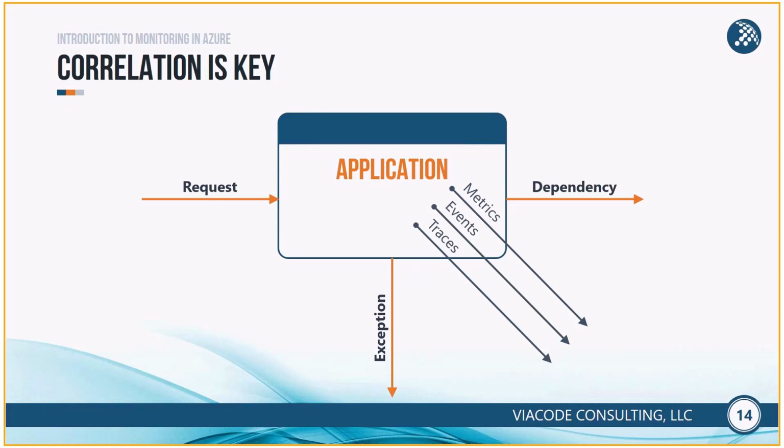And the beauty is that Application Insights will do correlation between all incoming requests and all outgoing telemetry or all outgoing traces. So you would know within the boundary of a request what traces and, let's say, SQL calls have happened as part of that request. And that's a correlation within a single component.